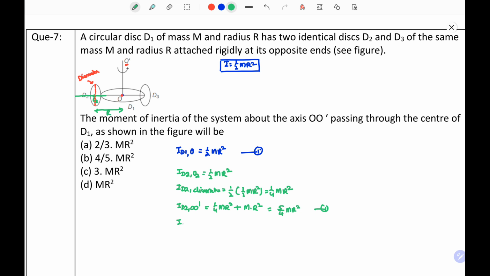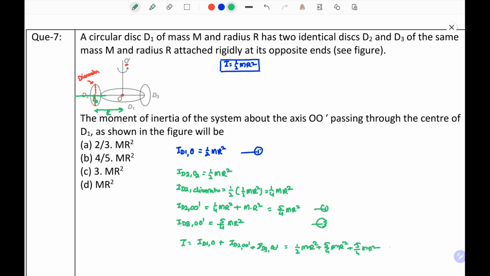A similar value will hold for disk D3 about the axis OO dash, which will also be equal to 5 by 4 mr square. This is equation number 3. So the total moment of inertia will be I D1 about O plus I D2 about OO dash plus I D3 about OO dash, which is half mr square plus 5 by 4 mr square plus 5 by 4 mr square.